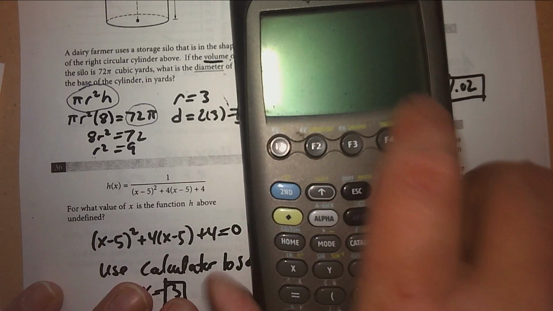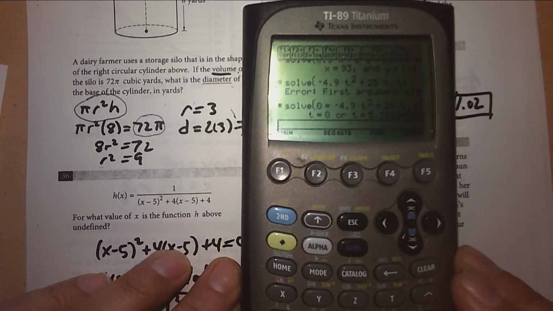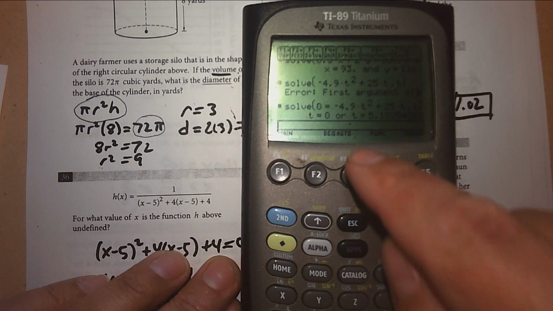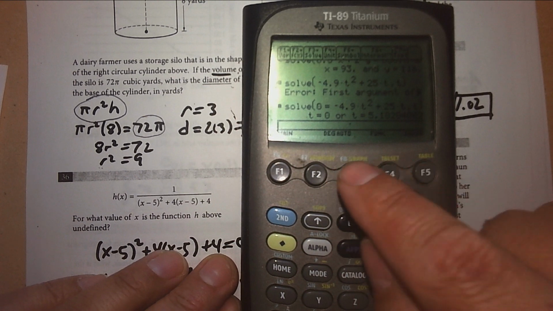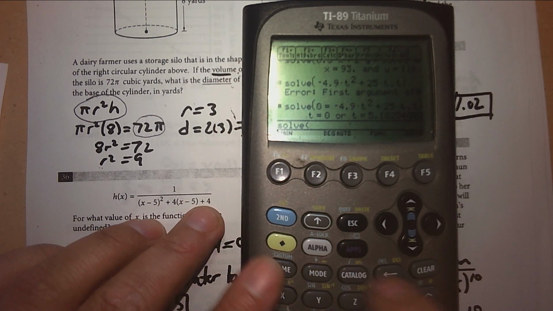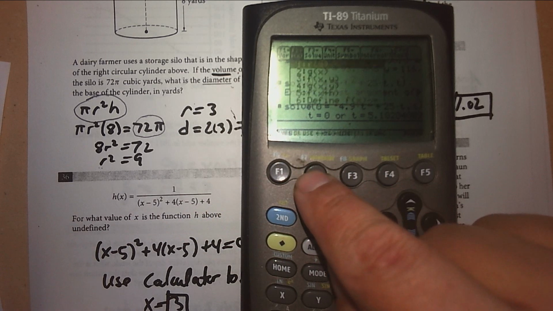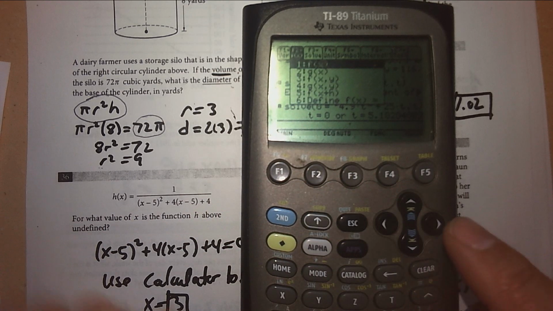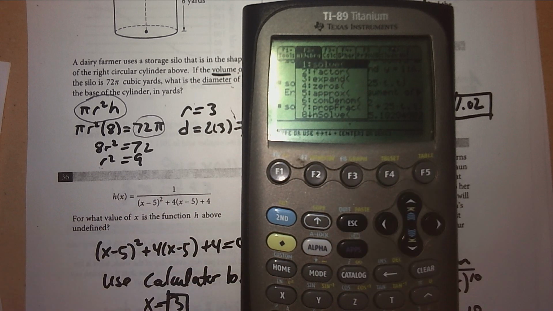Let's just for fun use your calculator again. So if I wanted to solve this, I would go algebra, or solve. Let me get back to the home screen. So I would go solve.